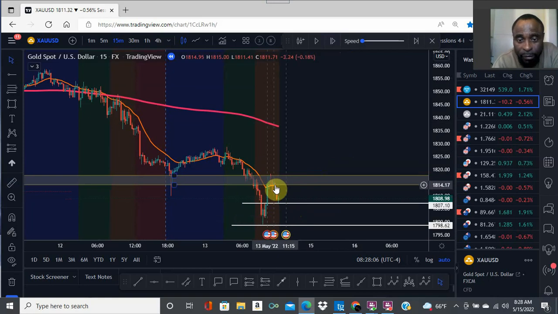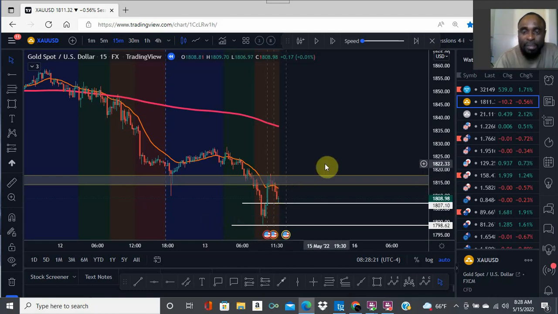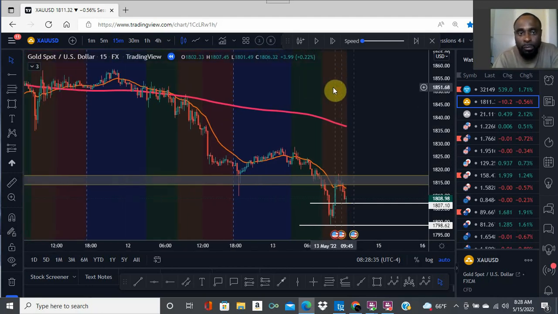See right here, when price broke out of here, I would look for a pullback, and that's what I entered on the market entry. I waited for the pullback, and it pulled back to the 20. That's why I said these, and this is the 20 exponential, not the simple, but the exponential. I like to use this to kind of gauge how the candles move and how price is moving.